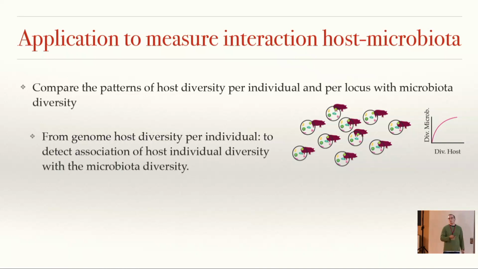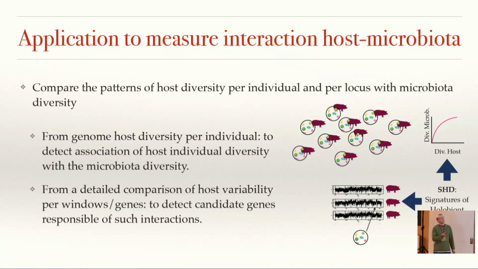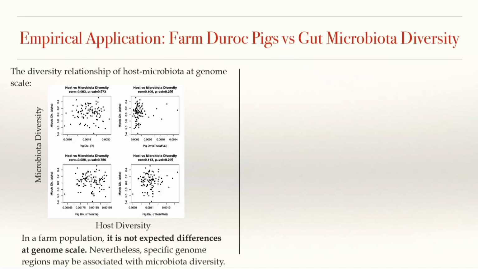But at genome level, the evolutionary events have to be very strong to see these kinds of patterns. But these estimators can also be used to detect association of host variability with the microbiota diversity at specific regions of the genome. That is what we call signatures of holobiont diversity.